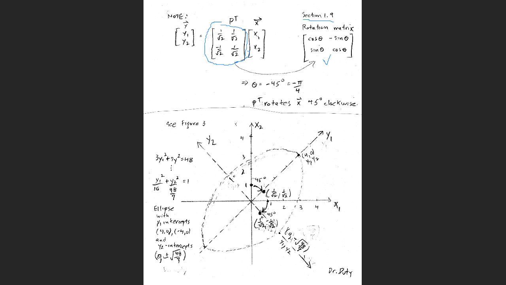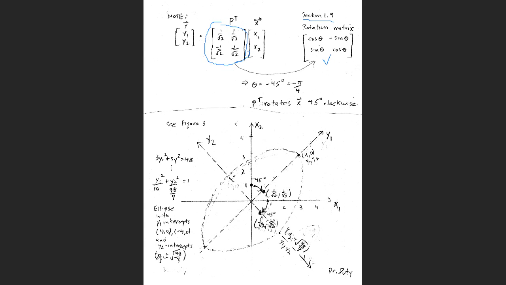If you remember the rotation matrix, I'm going to double check that, it's section 1.9. That's back when you learned about rotation matrices. Yeah, this is example 3, section 1.9.